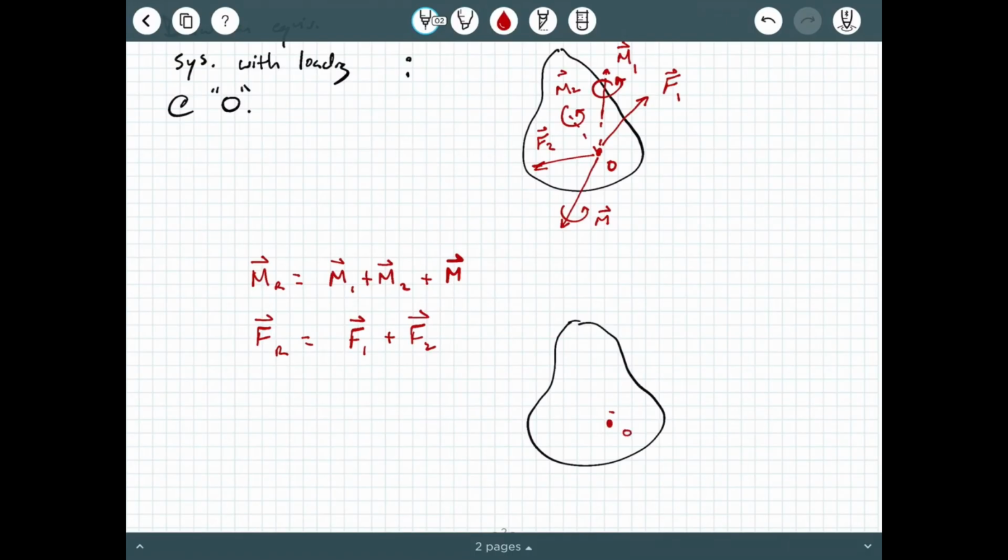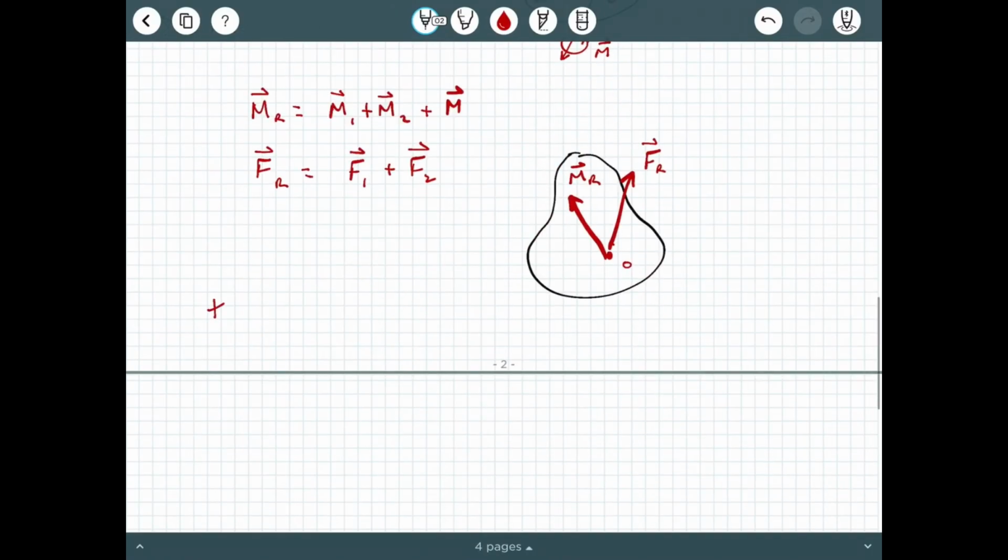This is point O, and we have some kind of F resultant here, and some kind of M resultant here that incorporates all of these effects together. In general, a resultant force is equal to the sum of all of the individual forces acting on the system, and a resultant couple moment is equal to the sum of all of the moments acting on a particular system.